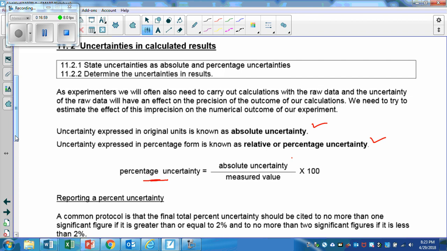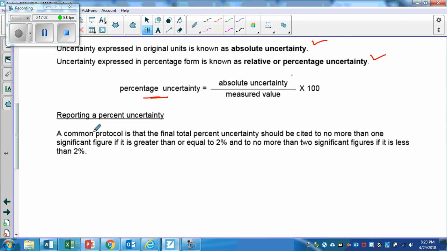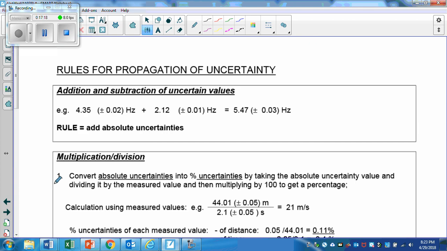We will do a lot of examples to figure this out. How do we report a percentage uncertainty? The common way is that it is always reported to one significant figure. So we calculate the percentage uncertainty, but we convert it back into absolute uncertainty before we report it. I will explain that with examples.